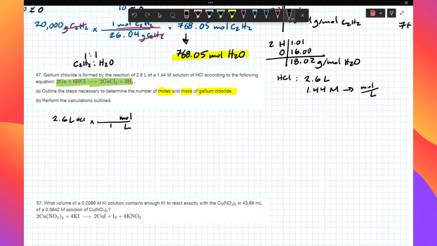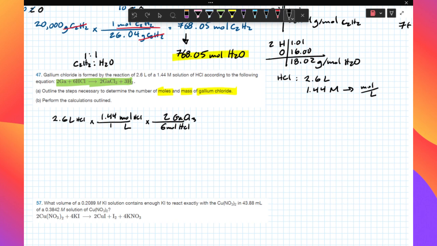For every liter, we get 1.44 moles of HCl. Those will cancel out. For every 6 moles of HCl, we produce 2 moles of gallium chloride. That is going to get us our moles of gallium chloride.